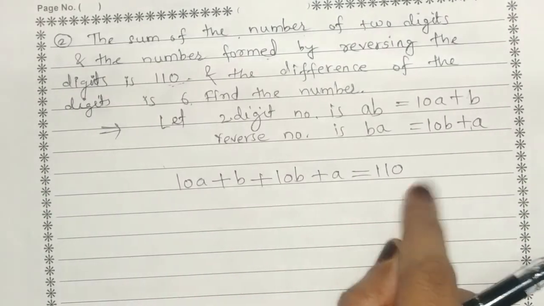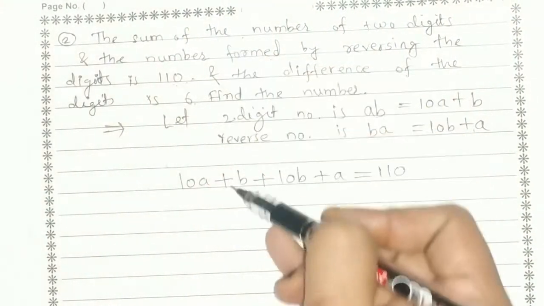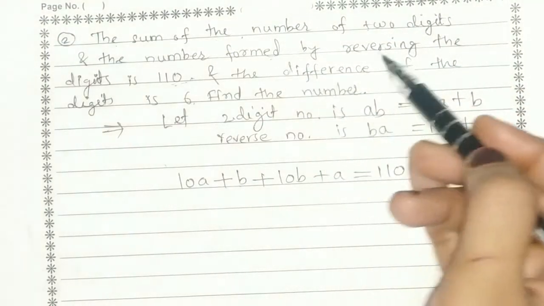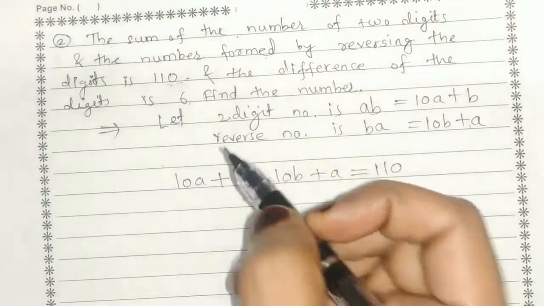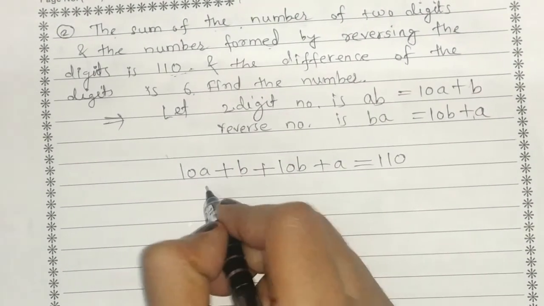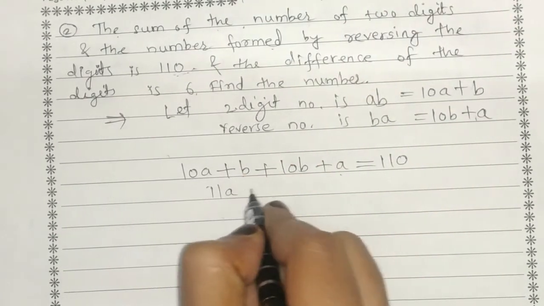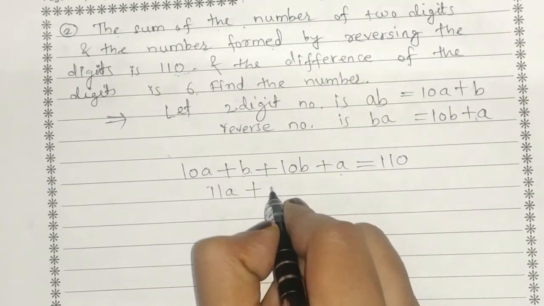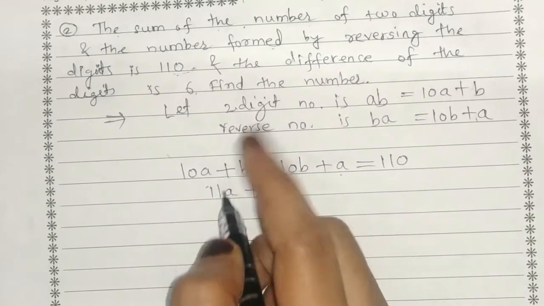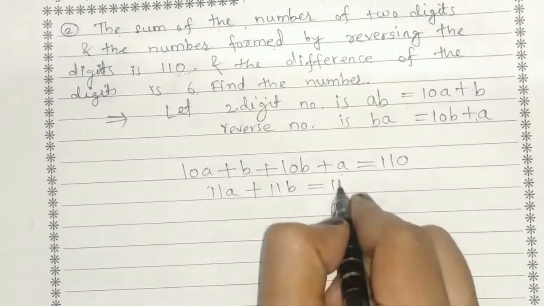So this is nothing but the situation which is given here. The sum of the number and the number formed by reversing is 110. We'll add the like terms. 10A plus A is 11A. 10B plus B is 11B. Nothing is there means by default 1 is the coefficient.